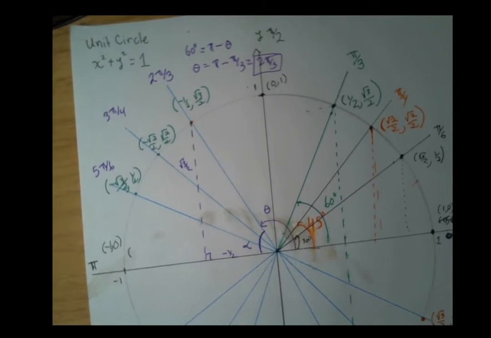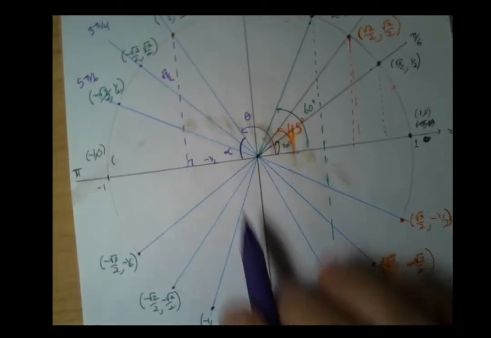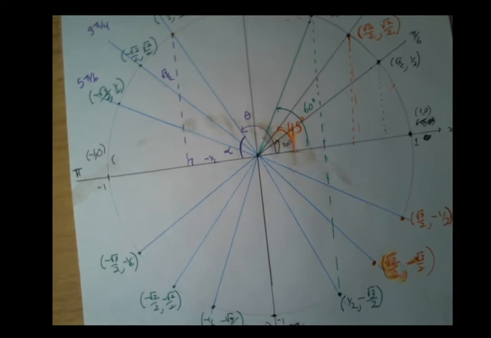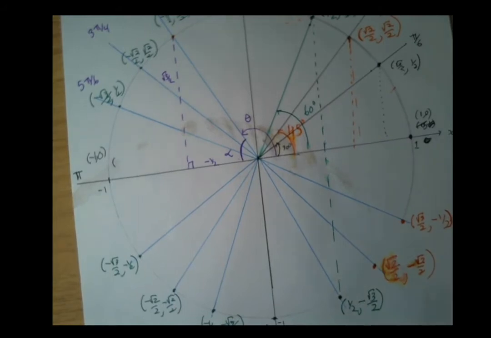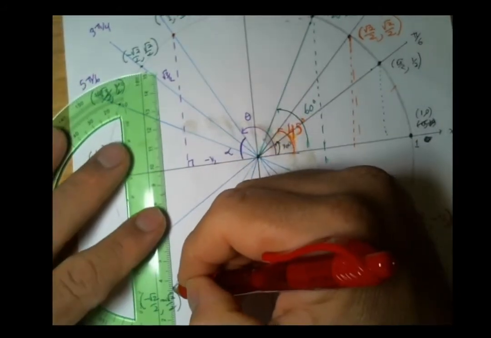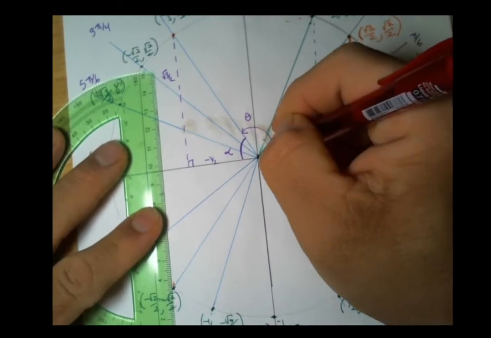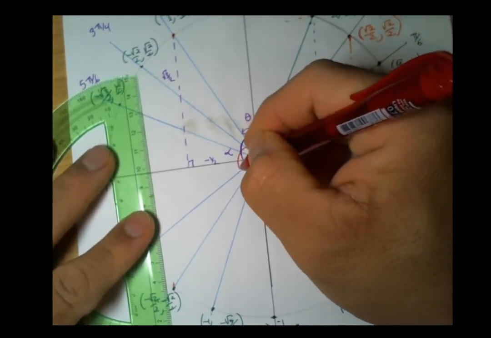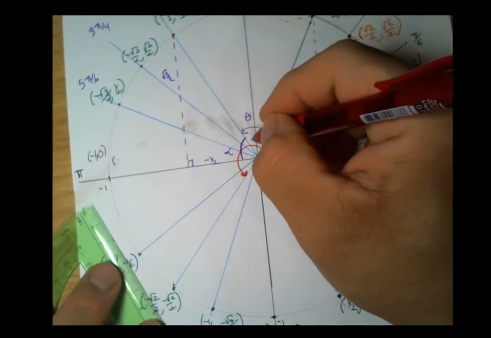Now for the third quadrant, let's choose another one. Let's choose this point here. Let's say I wanted to find this theta here.